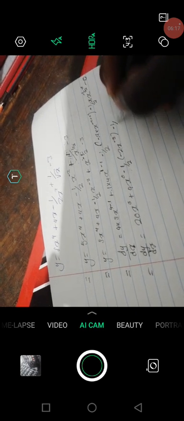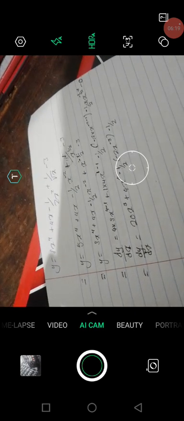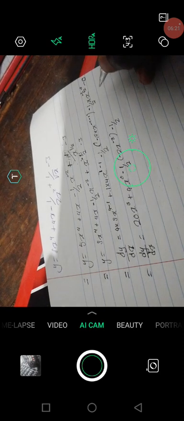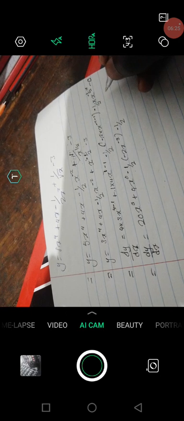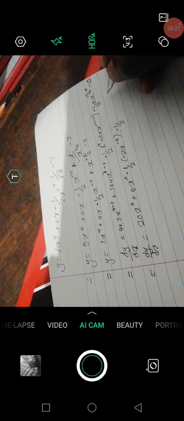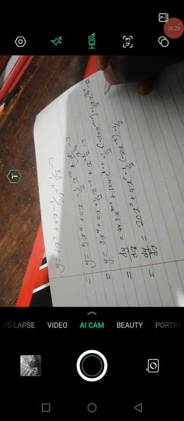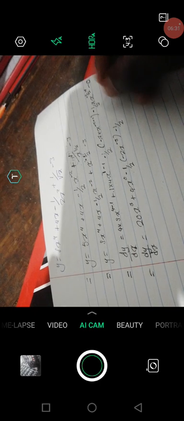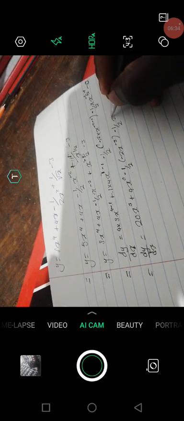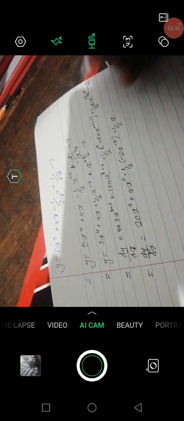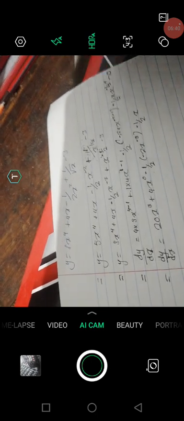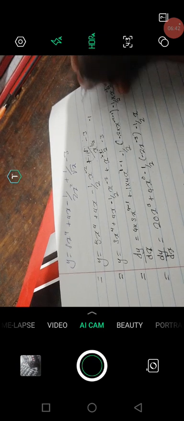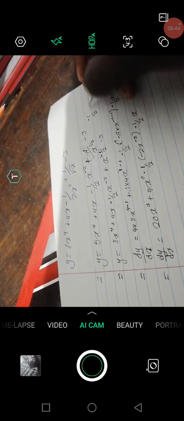negative 1 over 2. Right? I just put it like that. Okay. This time this one is x. Then this one, if you just put it here, separate and solve it, it is negative 1 over 2 minus 1.